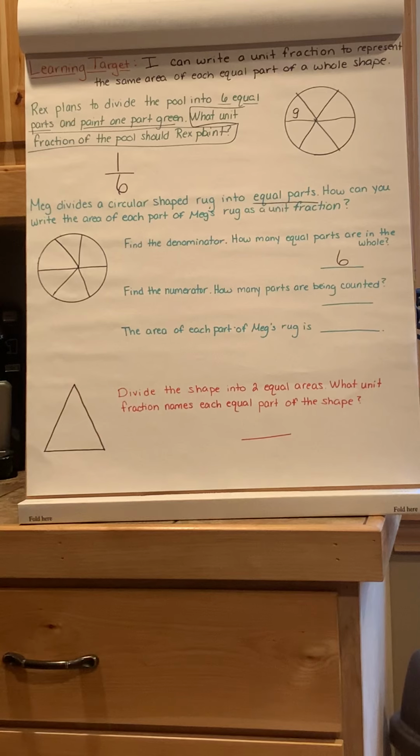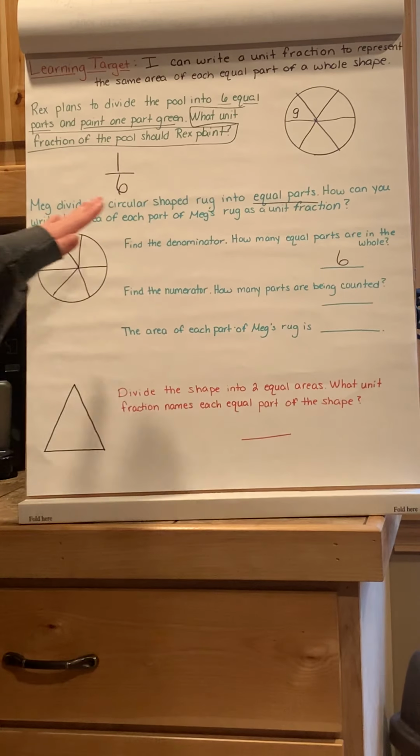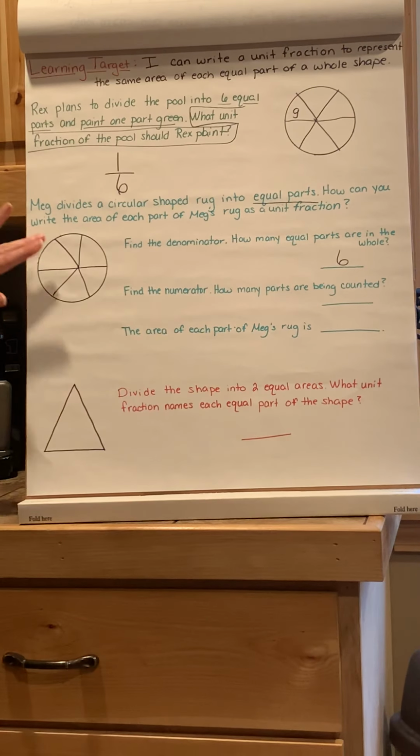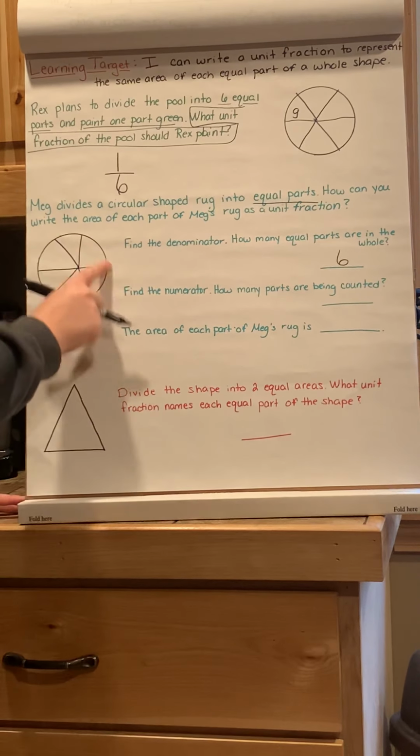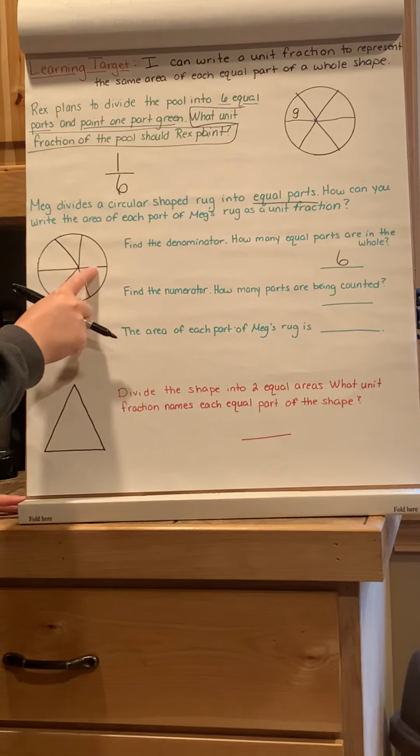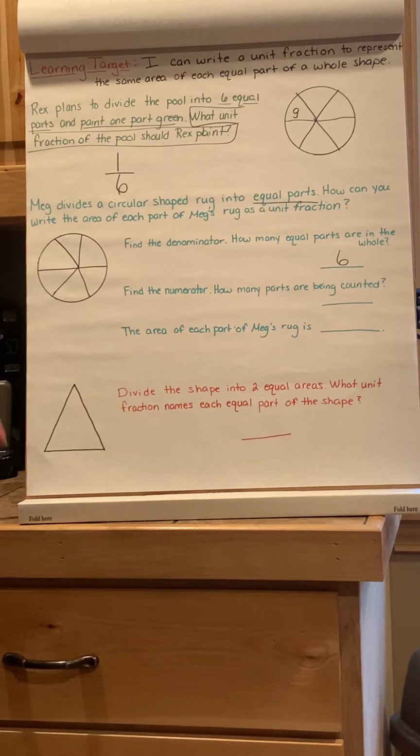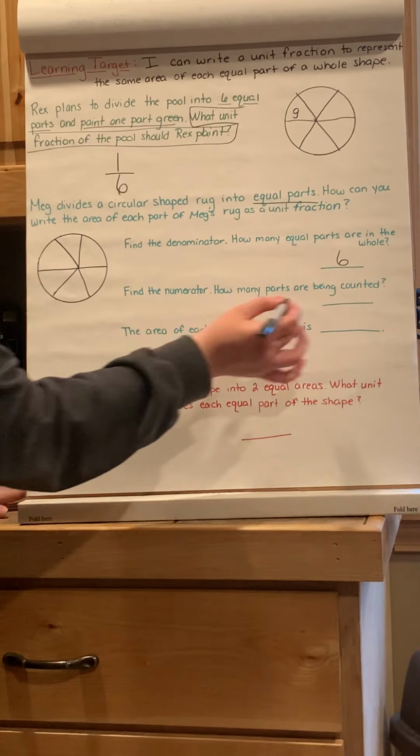Then they want me to find the numerator. How many parts are being counted? I know that they're asking me, how can you write the area of each part? So out of these 6 parts, each of them is 1. So how many parts are being counted? 1 part.